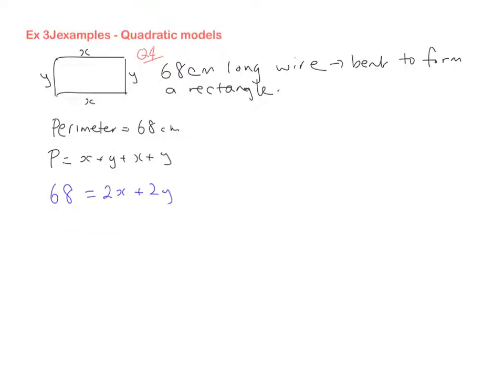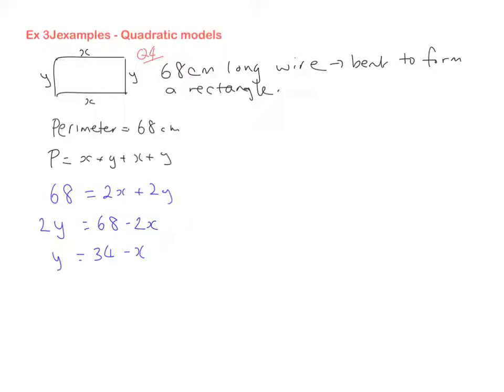So I'm going to rearrange that equation. 2y is going to equal 68 minus 2x, and you'll see why I'm doing this in a moment. So y is going to equal 34 minus x. Okay, so we've got that part.